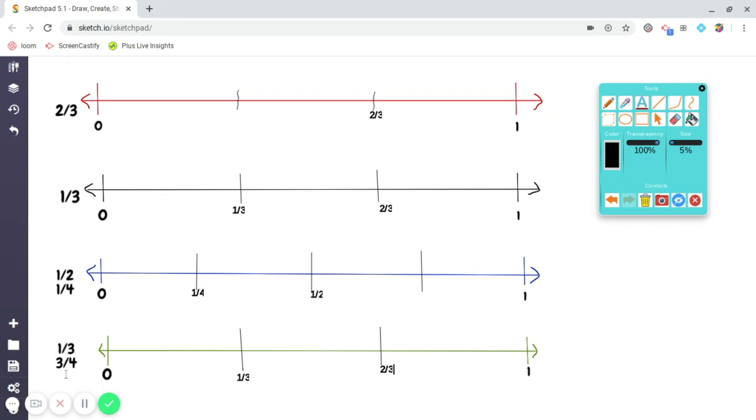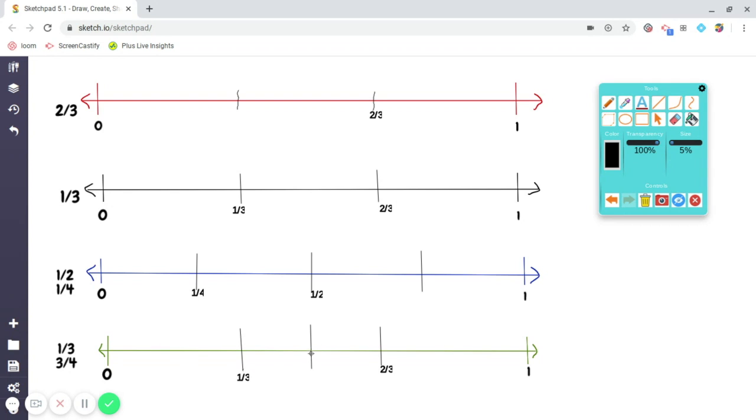And if I go back over to what's my bottom fraction, it's 3/4. So now I have to make some new lines and split this between 0 and 1 into 4 sections. And so I can do a similar process to when we compare it to this problem and find where halfway between 0 and 1 is.